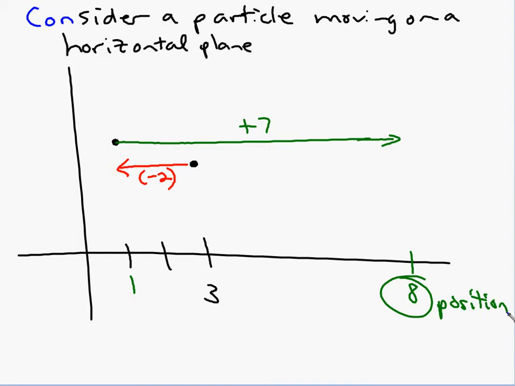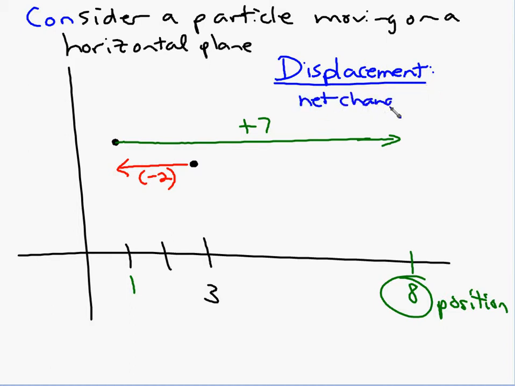But what if we wanted to talk about the displacement of the particle? I know you've talked about this some in physics, those of you that are in physics. If we talk about displacement, we're talking about its net change in position.